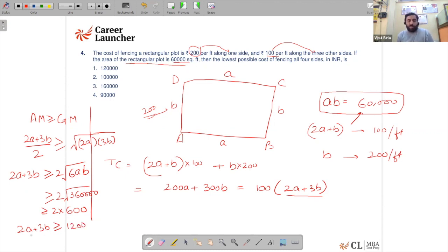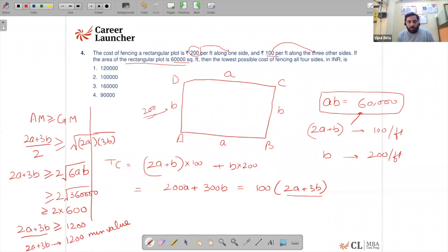So that means if I need to minimize 2A plus 3B, the minimum value is going to be 1200.